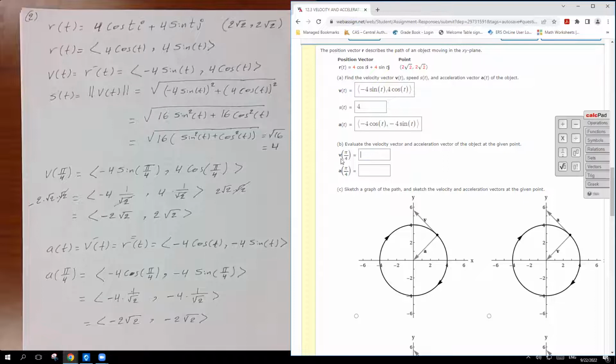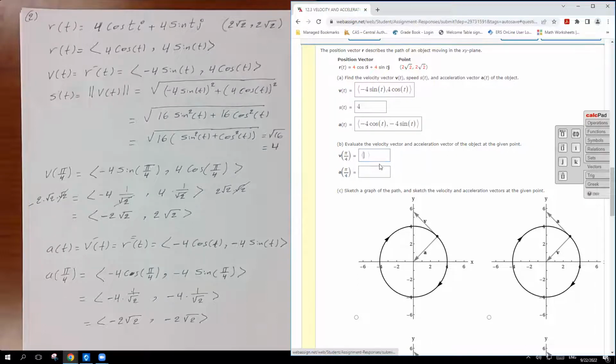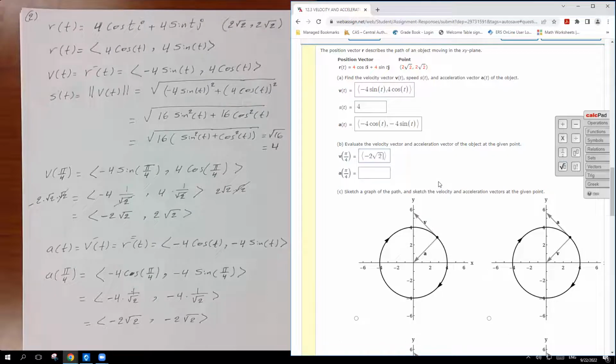Now, the velocity at pi/4 is going to be -2. We have to write it down as a vector. So -2 square root of 2, comma, 2 square root of 2.